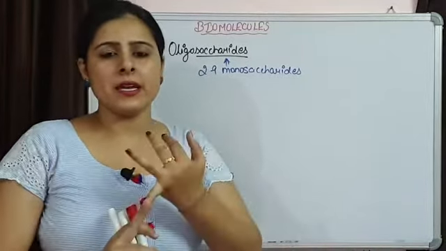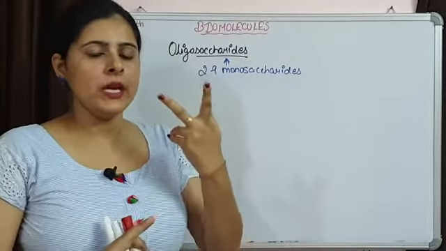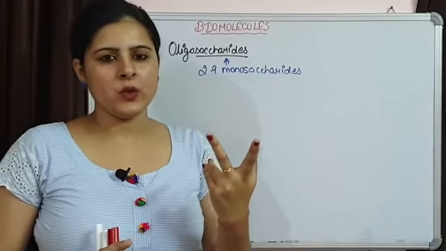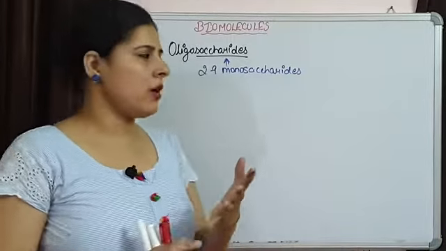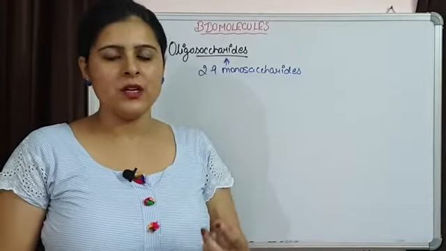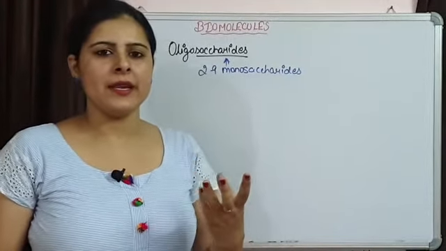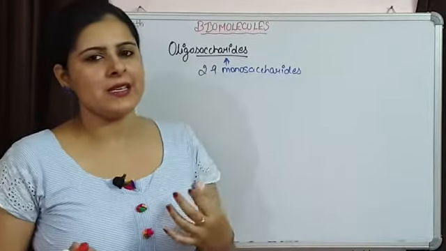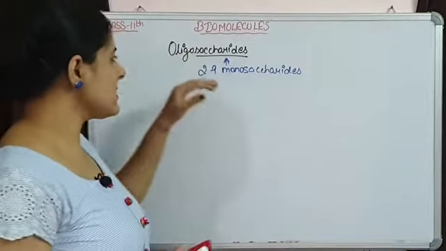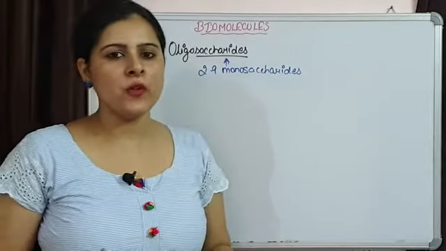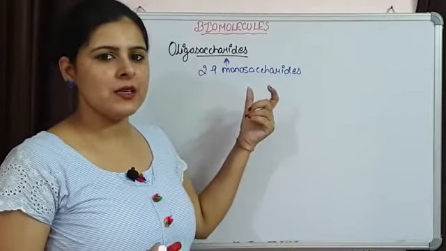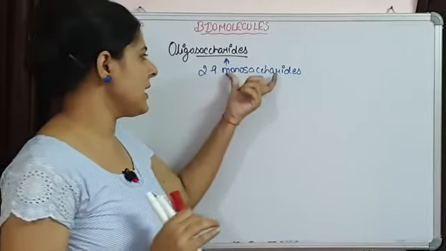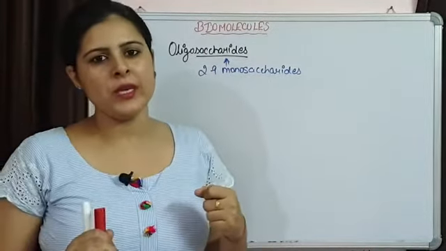Like disaccharides, when only 2 monosaccharides are combined together by a glycosidic bond, or trisaccharides, where 3 monosaccharides are combining. Just like that, tetrasaccharides, that means 4 monosaccharides combining together. So we have lots of oligosaccharides, simply on the basis of how many monosaccharides are attached.